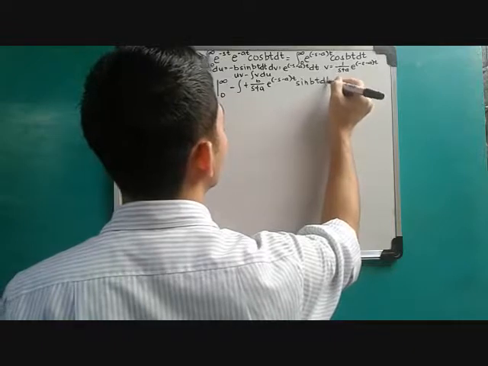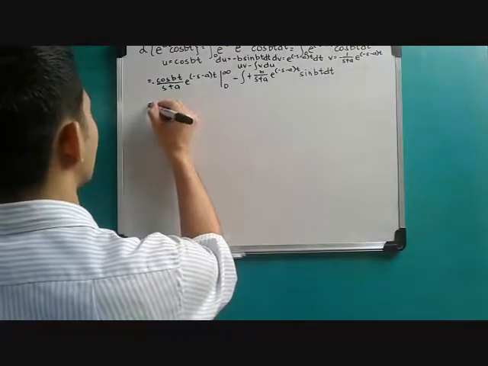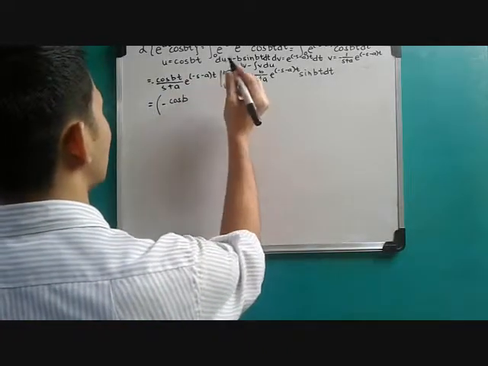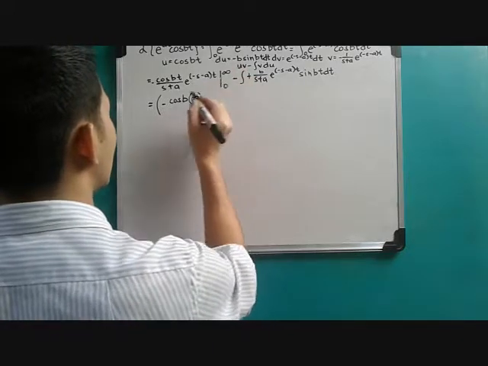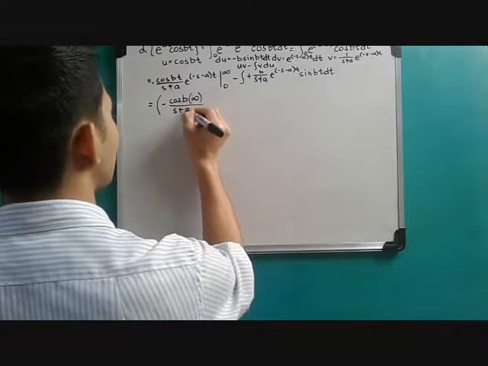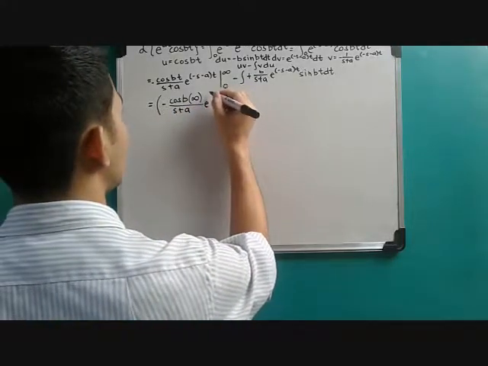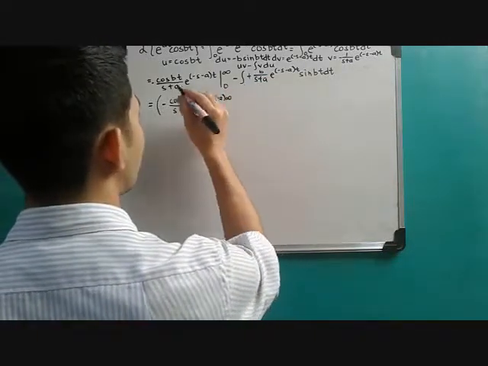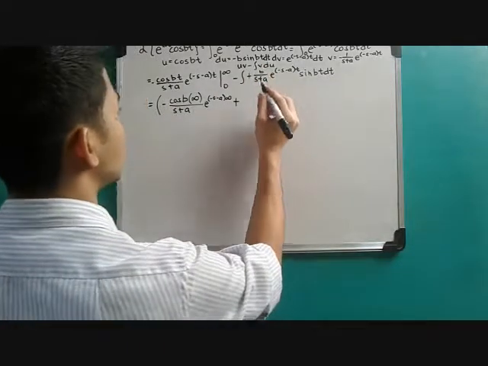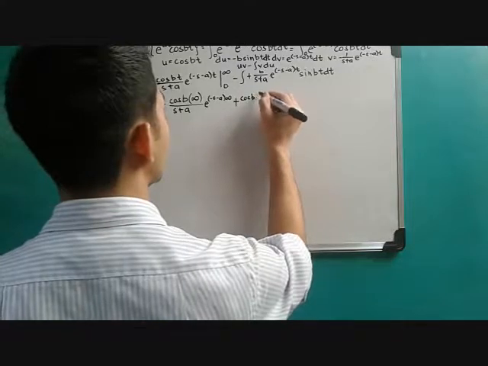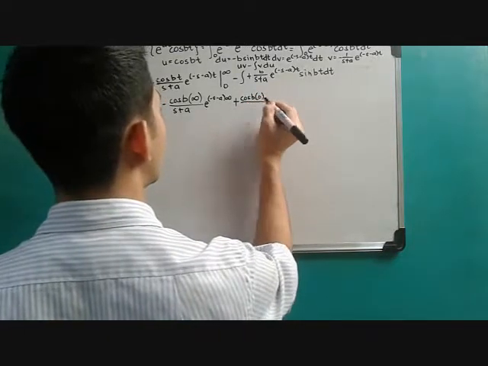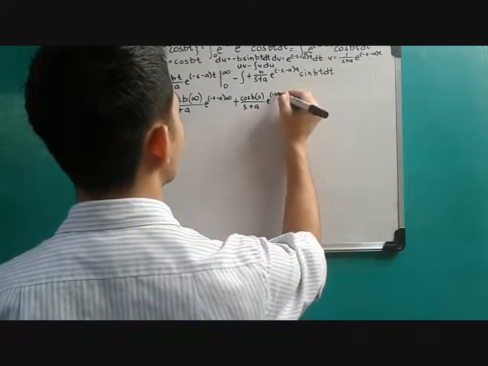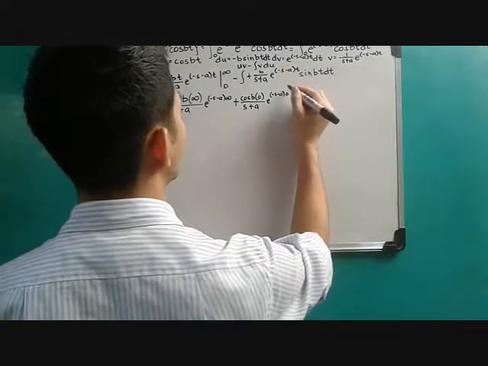Substituting the limit, we get quantity negative cosine b times infinity over s plus a times e raised to the quantity negative s minus a times infinity, minus, and this will become plus, cosine b times 0 over s plus a times e raised to the quantity negative s minus a times 0.